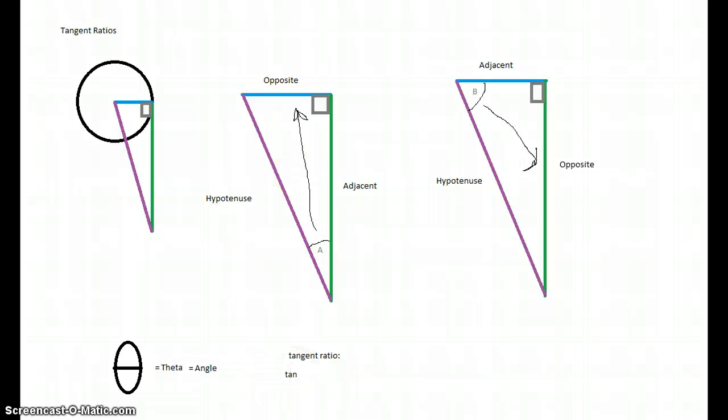Tan of theta equals the opposite leg, just like this triangle up here, the opposite side divided by the adjacent side. And I'm going to do an example of this, but once again, memorize this ratio. Tangent equals opposite divided by adjacent.